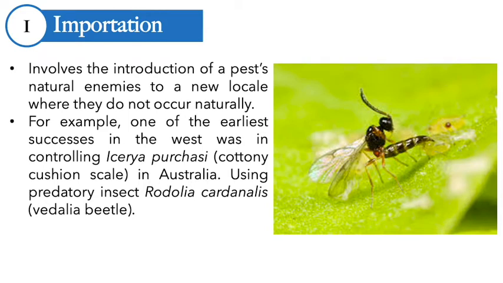Many commercial insectaries rear and market a variety of natural enemies, including predaceous mites, lady beetles, lacewings, praying mantids, and several species of parasites. Success with such releases requires appropriate timing.